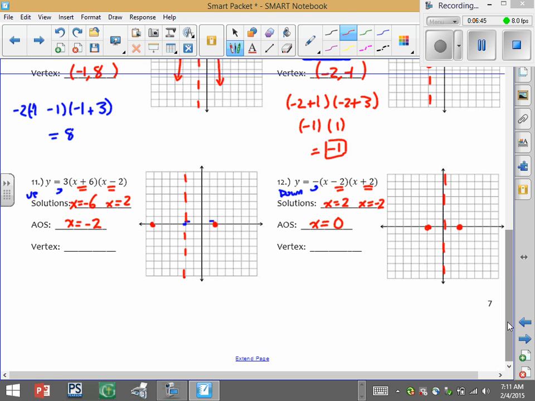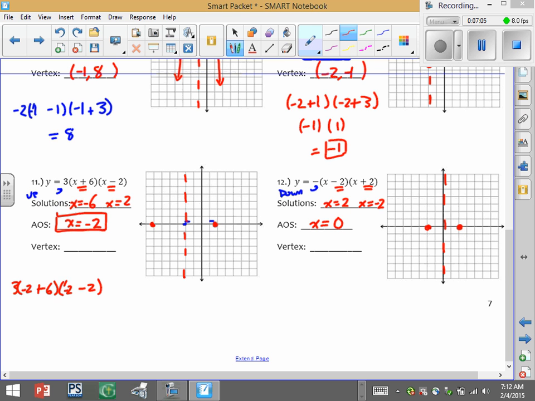Okay, a couple more examples. So we have 3, x plus 6, x minus 2 in parentheses. And we're going to plug in the value x equals -2. So go back, get rid of your x's. We're going to plug in x equals -2, x equals -2.